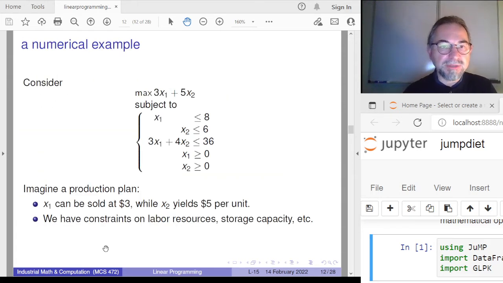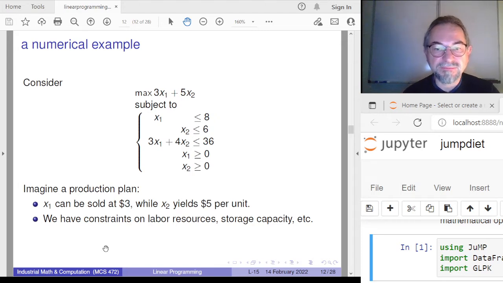Okay, let's look at the numerical example, which I will solve geometrically. So here we also want to do a production plan. We want to decide how to organize the production. We have only 2 items. The first item gives us a profit, or can be sold, at $3, while the second item gives a larger profit.